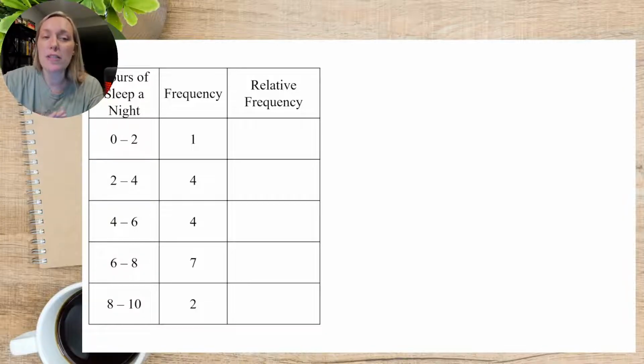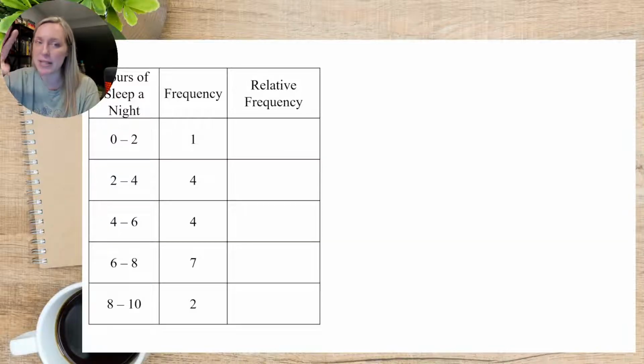Again, this is based on a separate class's data, not the class we used to create the histogram. I want to make sure you know that this is a separate data set.